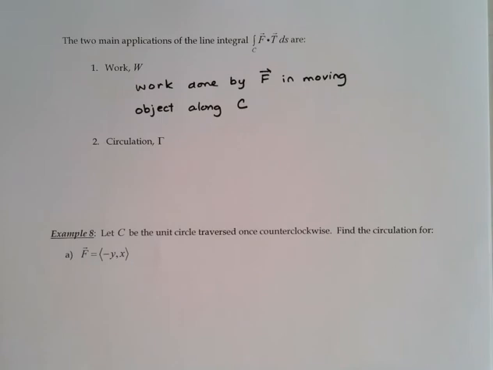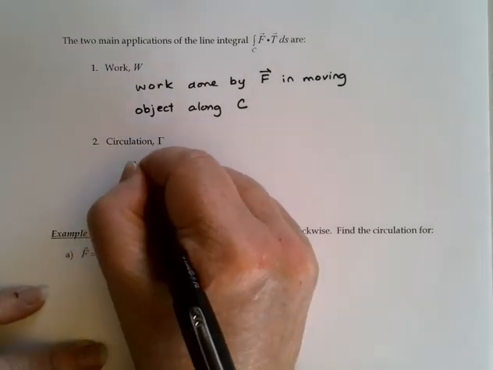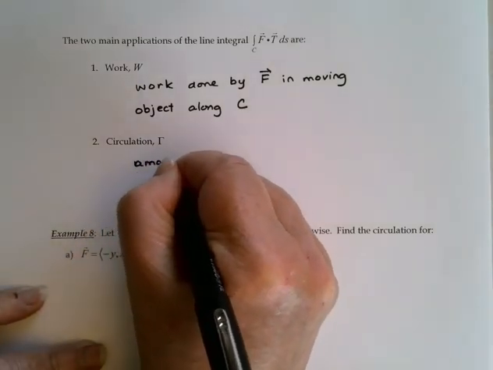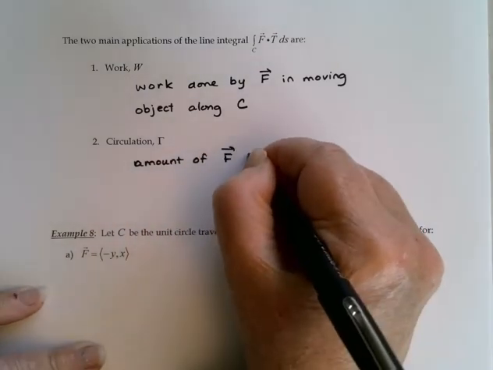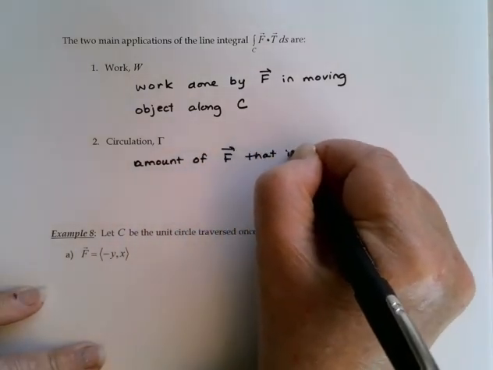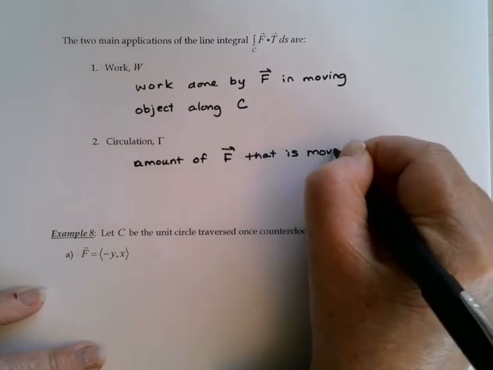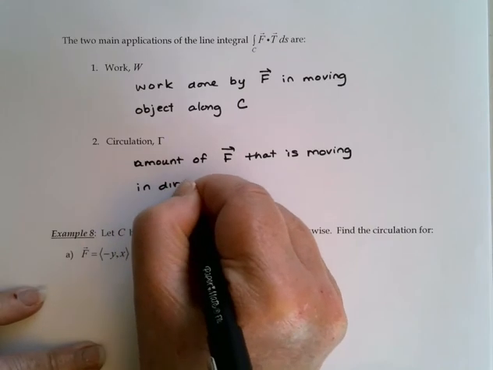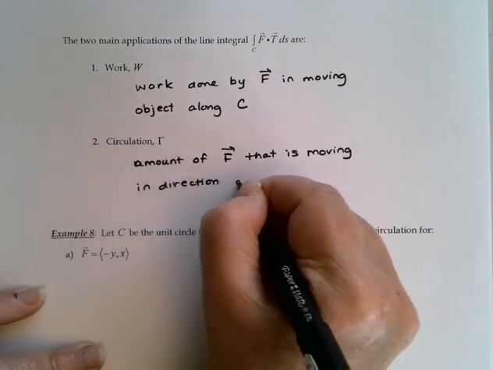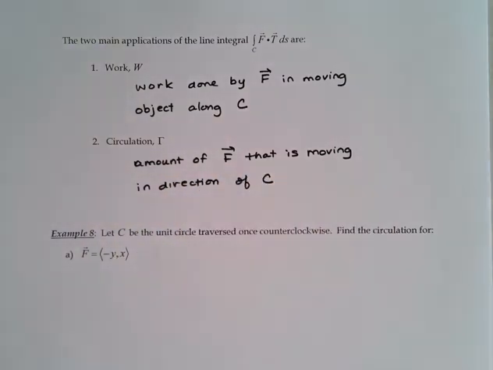The circulation just measures the amount of F that is moving in the direction of C. Same exact calculation, almost the exact same concept.